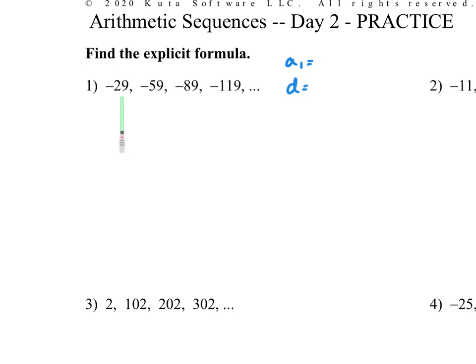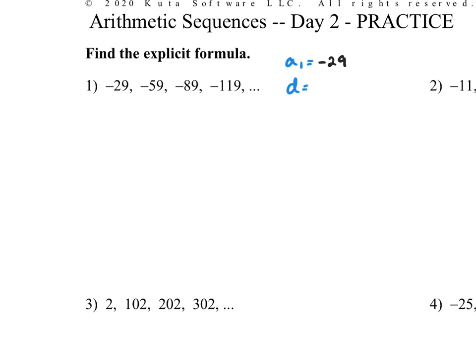Yeah, we know our starting term. Even before you do any math, your starting term is the first term. So what is our A sub 1 here? It is negative 29.